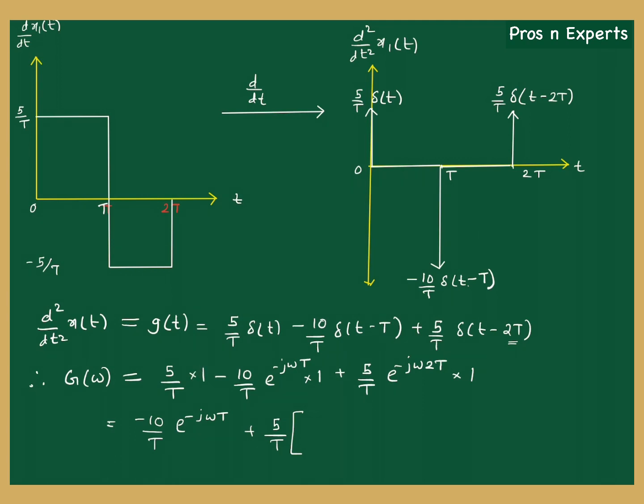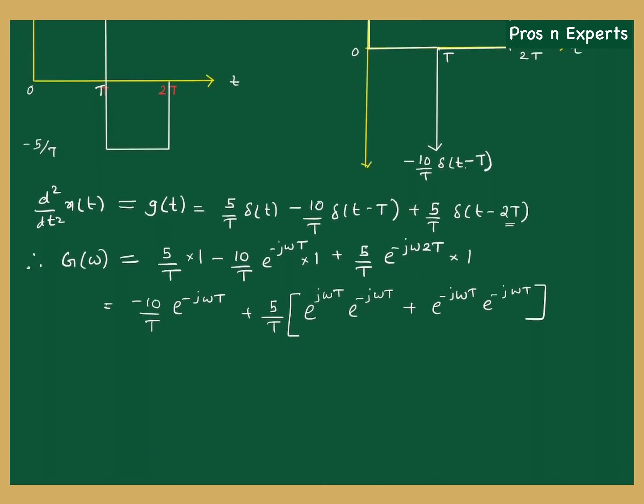I'm writing 1 as e raised to j omega t into e raised to minus j omega t. There will be no difference. Plus in this term e raised to minus j omega 2t. I can write e raised to minus j omega 2t as e raised to minus j omega t into e raised to minus j omega t. Why? Because I can now take e raised to minus j omega t common from these two terms.